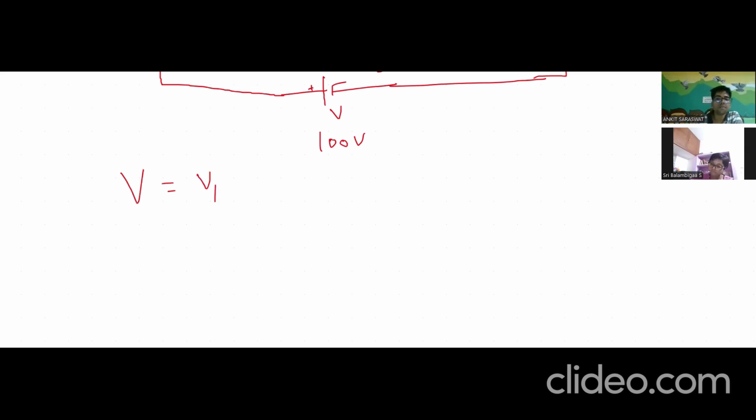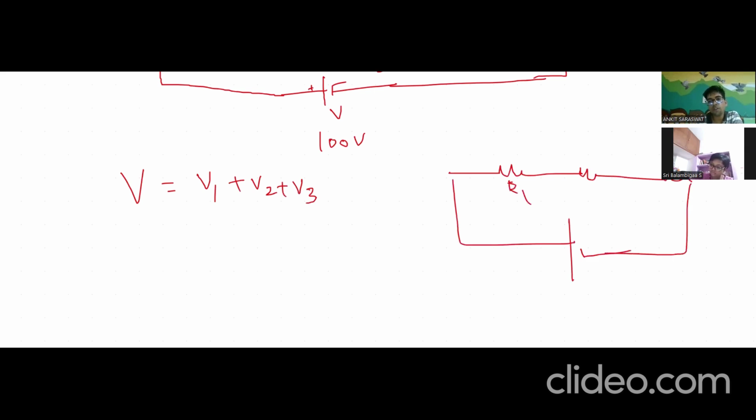Is this clear? Again, I will draw here. If this is R1, R2, consume means what? Voltage drop. V1 here, V2 here, V3 here, and current I is going like this, V here.